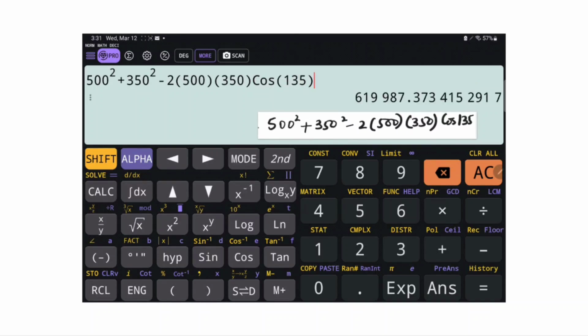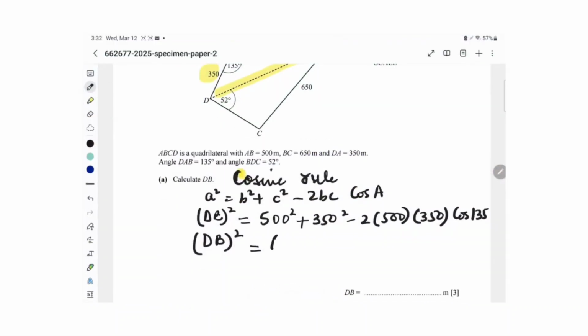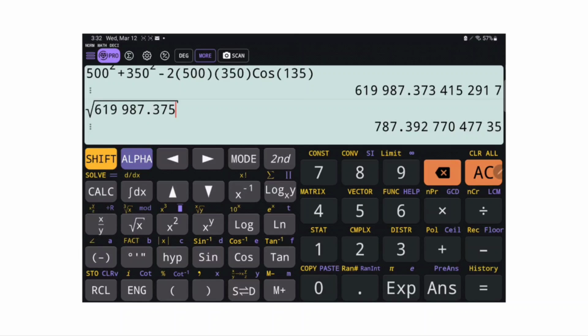The answer is coming 619987.373. All right, just take the square root of that. It's 787.39, which means 787.4.